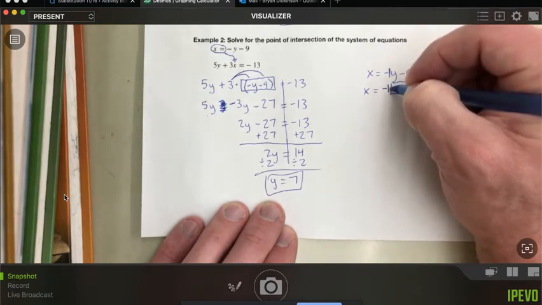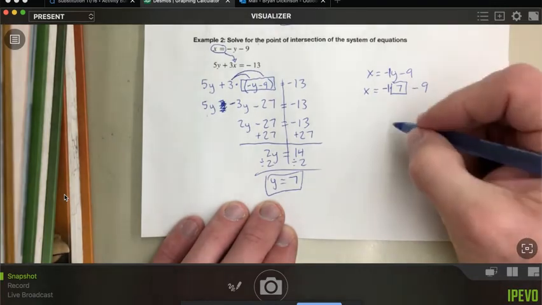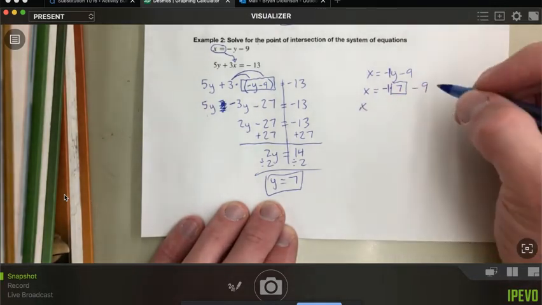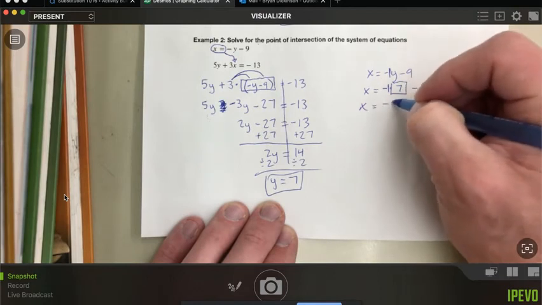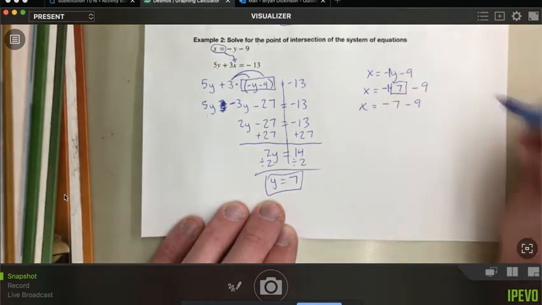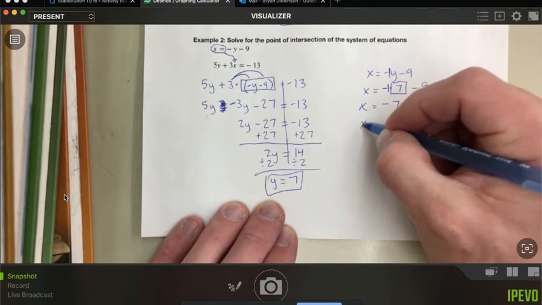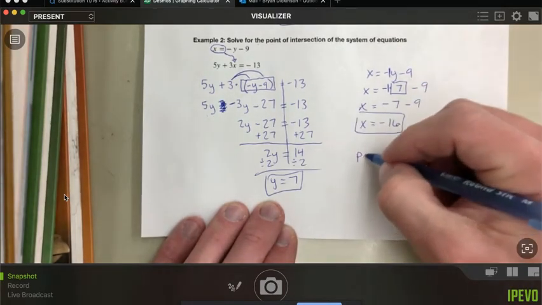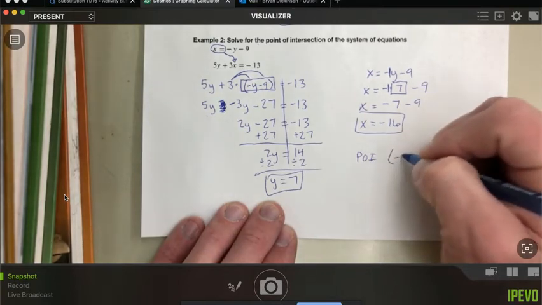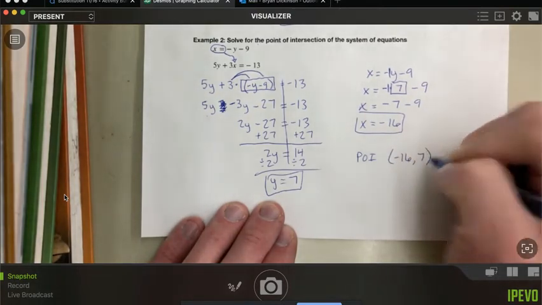So I'm really thinking of negative 1 times 7. So that's really going to be negative 7 minus 9, or x equals negative 16. So my point of intersection is (negative 16, 7).